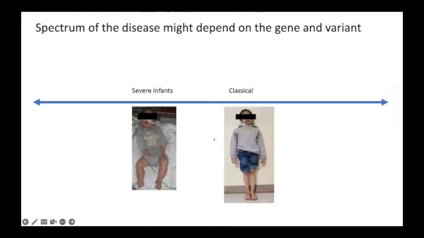Besides these two, you can have a more severe form, which is a severe fetal akinesia. Dr. Gupta showed one picture of a baby. And eventually there is a milder adult onset form. So as you can see, the spectrum is quite wide for this disease. It depends on the gene; depending on the gene affected, you might have a more severe phenotype than another.